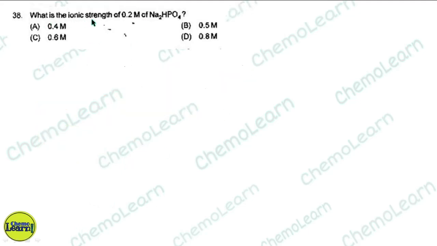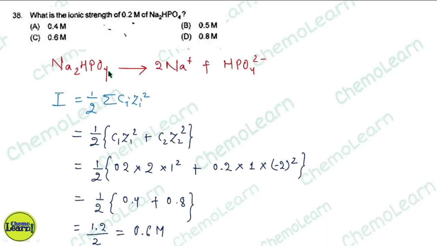What is the ionic strength of 0.2 m Na2HPO4? 0.4 m, 0.6 m, 0.5 m, or 0.8 m? Here Na2HPO4 is given. It will dissociate into 2 Na plus and HPO4 2 minus, and we have the formula: ionic strength I equals half summation of CiZi square. C is the concentration and Z is the charge of the ion. We have two kinds of ion, so the formula will be half into C1Z1 square plus C2Z2 square.